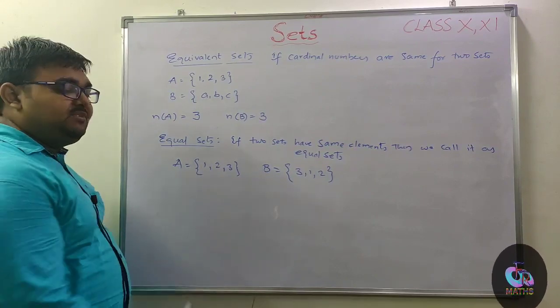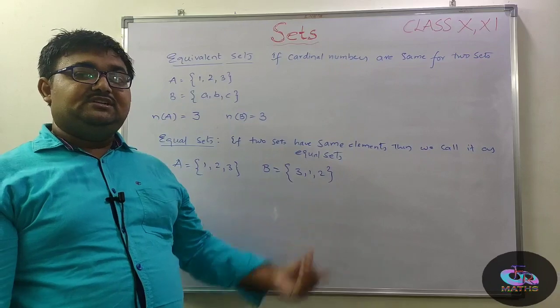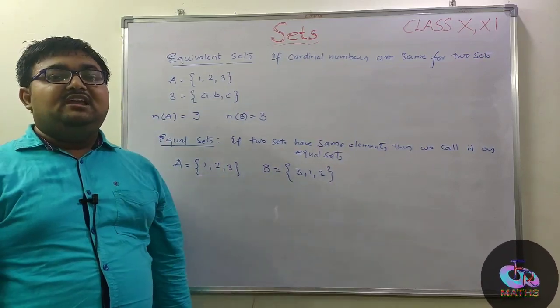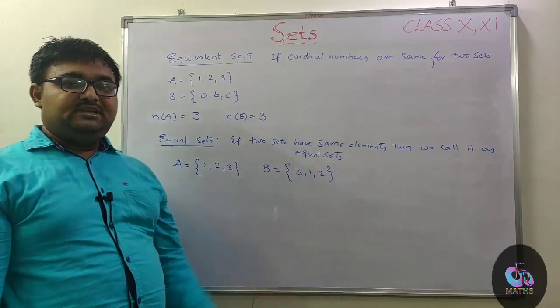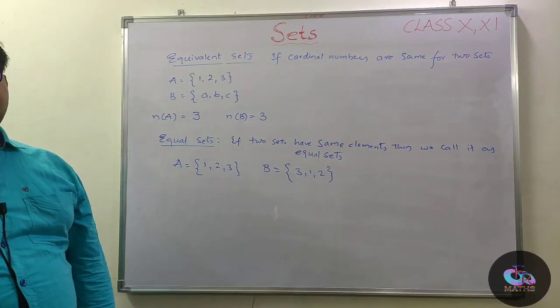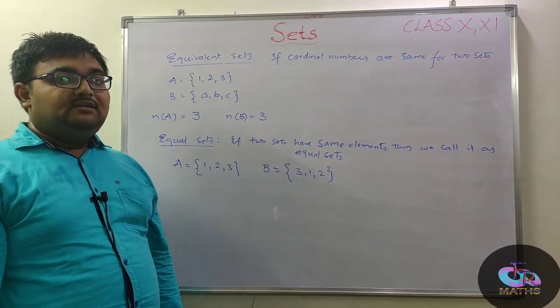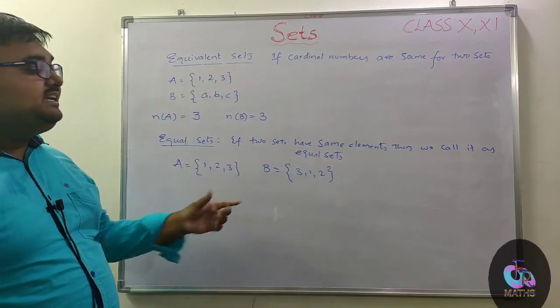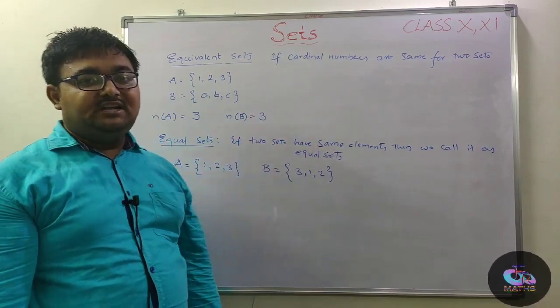The number of elements in each set is 3, so the cardinal numbers are the same. Along with the cardinal number, if the elements are also the same, then we say such sets are equal sets, right? The difference is that equal sets satisfy two conditions, while equivalent sets satisfy only one.